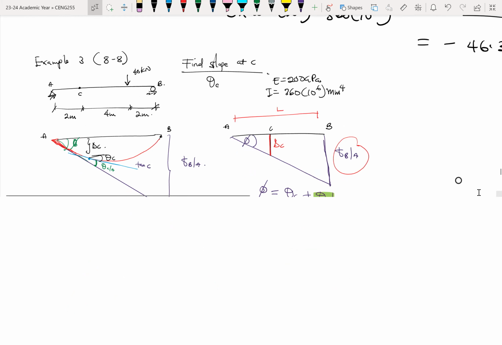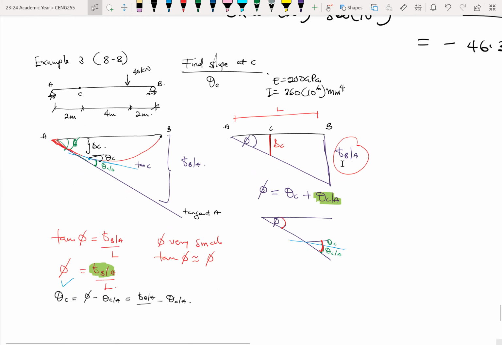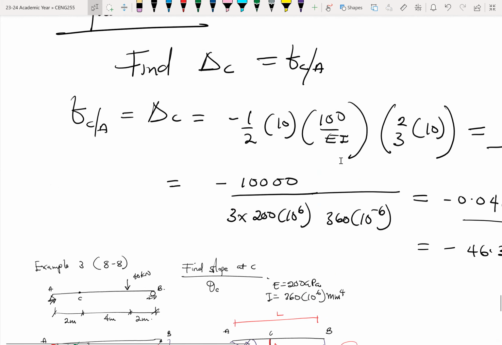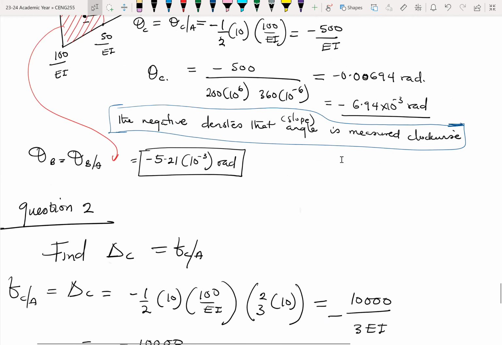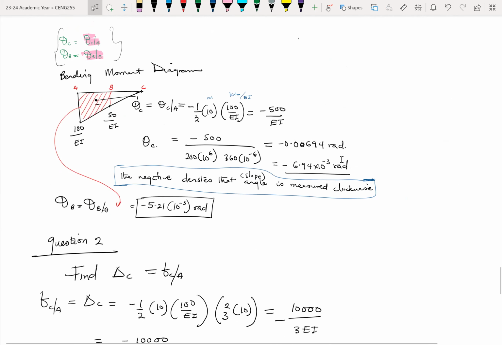Theta B is equal to theta B over A. It has to do with the fact that it has to do with the tangents. All right.